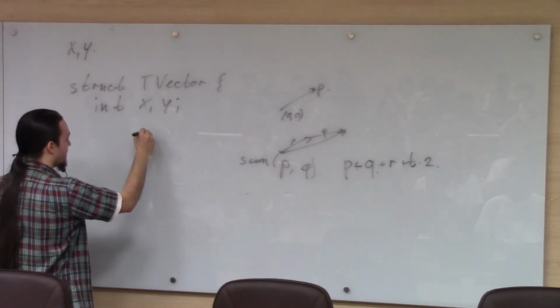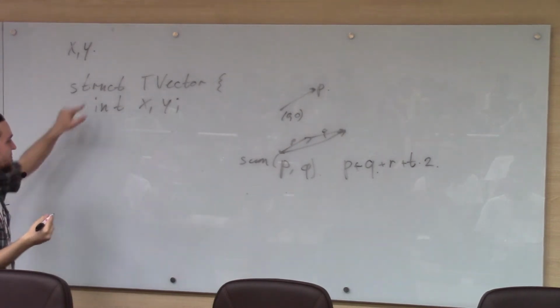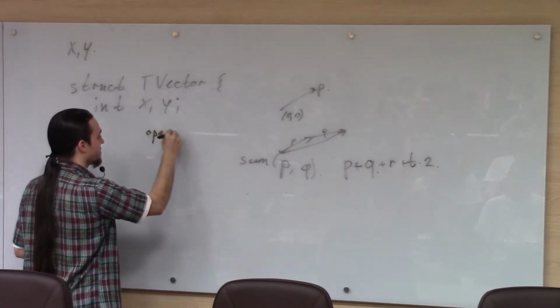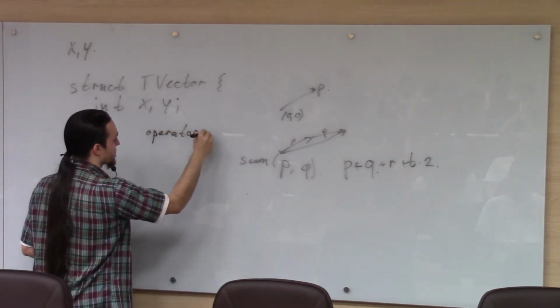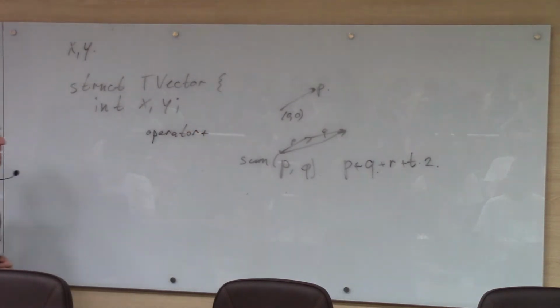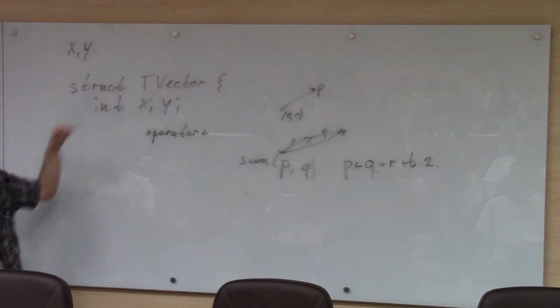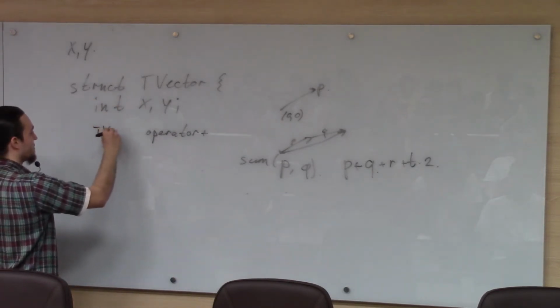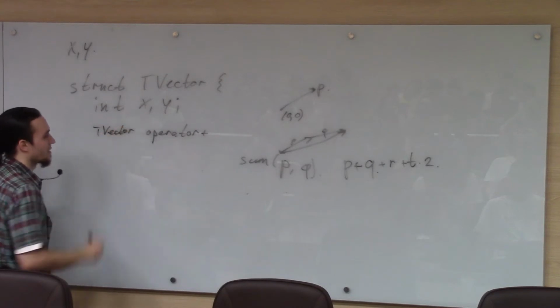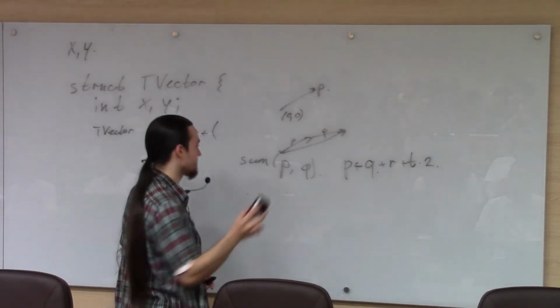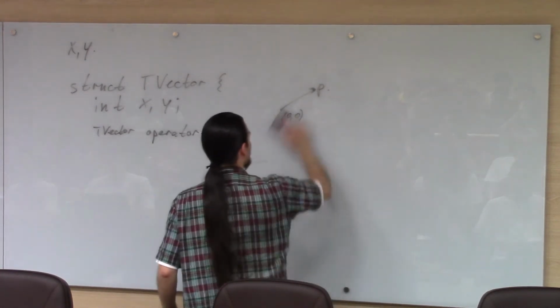Basically, we create a special function here inside this structure, which is called operator plus. So a special name. It returns, again, a vector, right? So we mark its return type as vector. And then here, we write down the arguments.